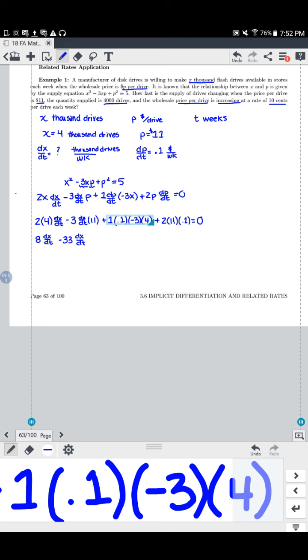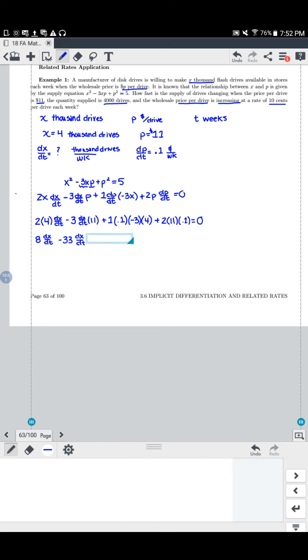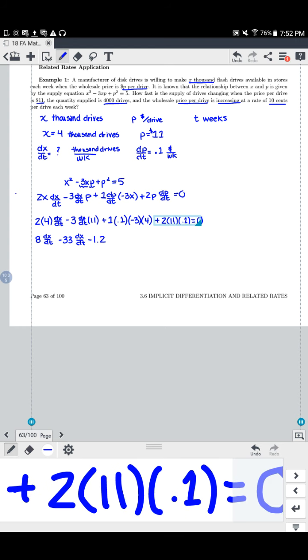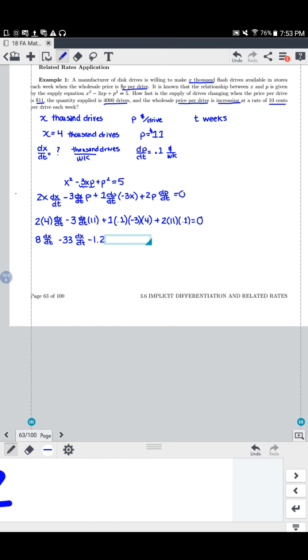So 1 times 0.1 times negative 3 times 4 is going to be a negative 1.2 when I plug that into my calculator. And then I have 2 times 11 times 0.1, which is going to be plus 2.2, equals 0.